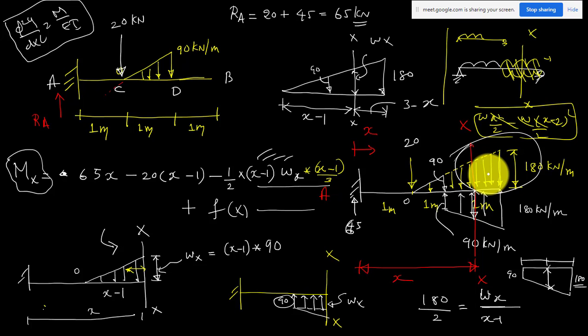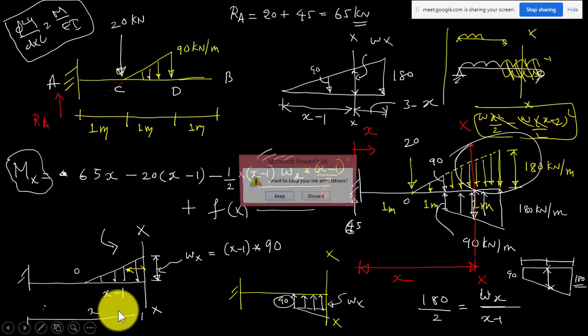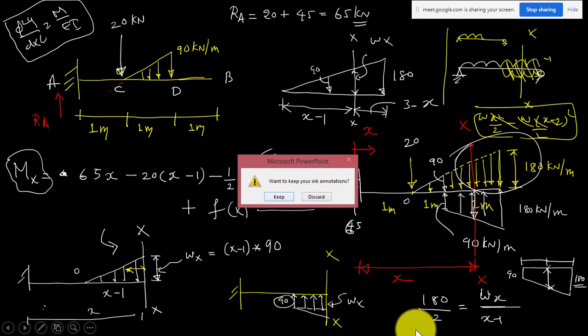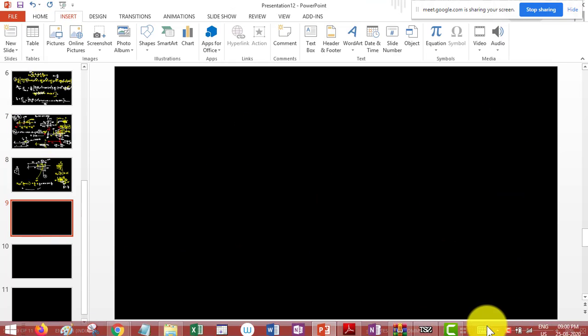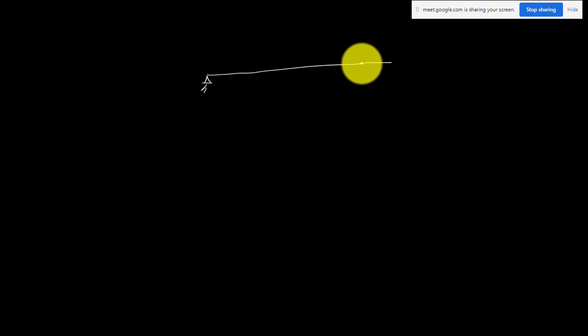Sir, for an overhanging beam, if we have some discontinuous loading, then we have to use the Macaulay formula, right? For an overhanging beam, we have different types of loading and discontinuous loading, something like this.